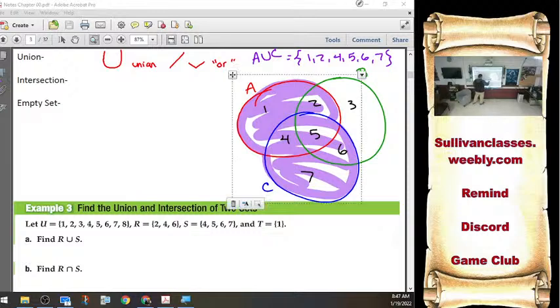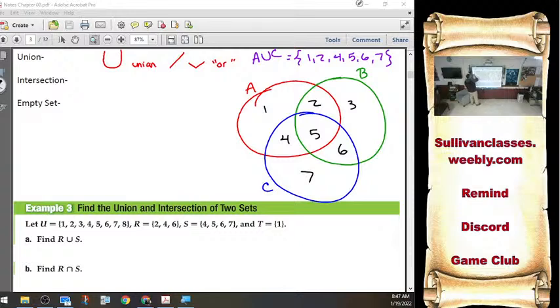If, on the other hand, I have intersection, it's the and of the math world.